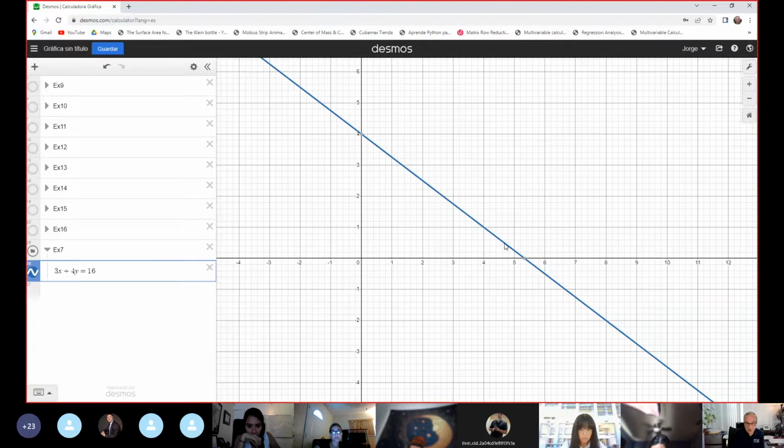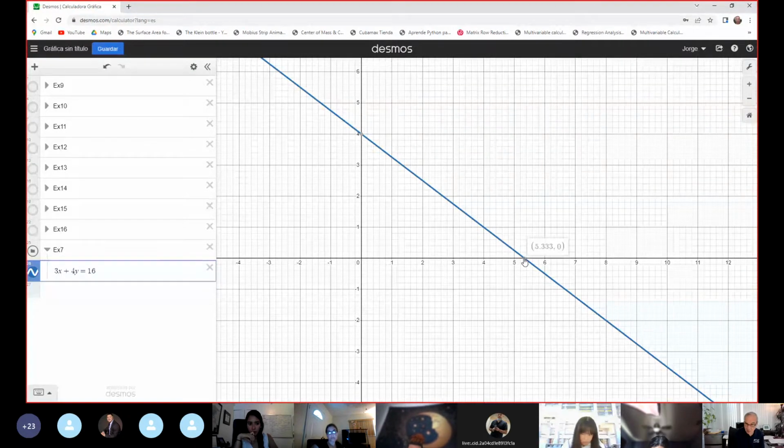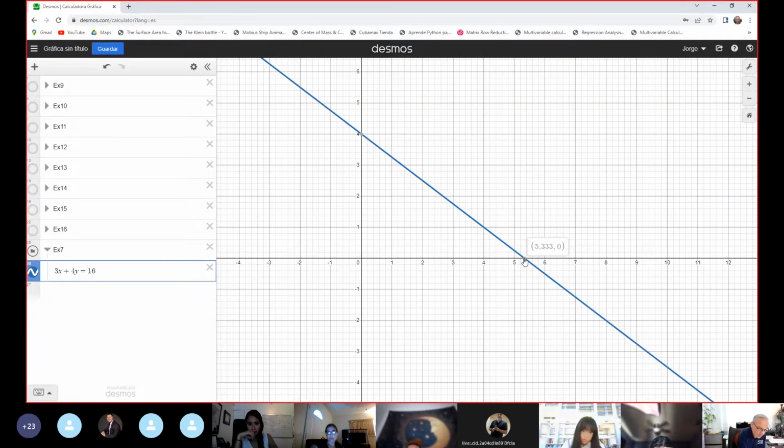I want to solve it here on the board to see this problem 17. 5.3333 in decimal and 4. Actually, 5.3333 is equivalent to 5 1/3. And 5 1/3 is 16 over 3. Otherwise it doesn't make sense.